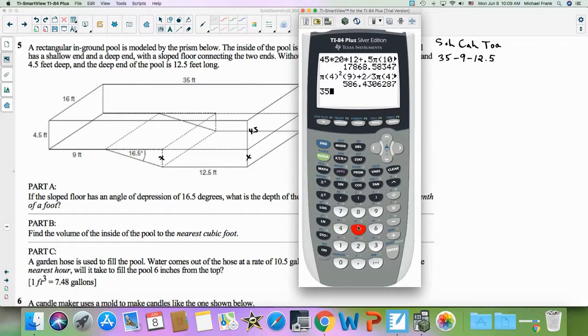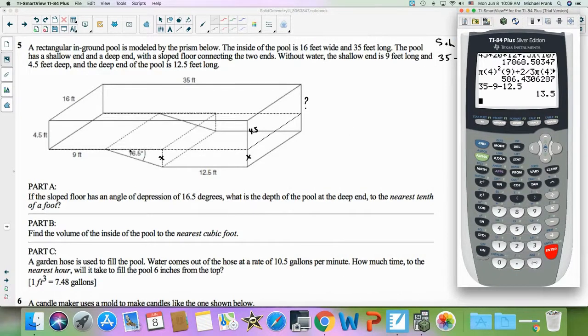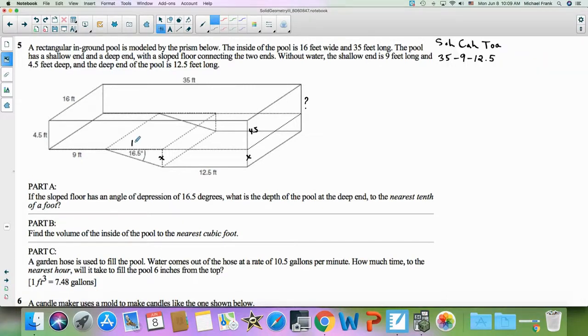So 35 minus 9 minus 12.5. I think it's about 13. So we get 13.5 feet right there. So now we can see this little right triangle here.